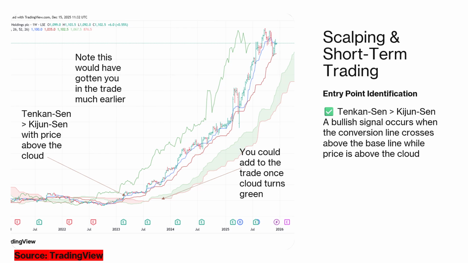Better to wait for the confirmation once the cloud turns green. Now you can use this one of two ways. You can either enter once the crossover is seen, but just cautiously, and then add once the cloud also turns green, or you can simply wait until the cloud turns green to action the trade.